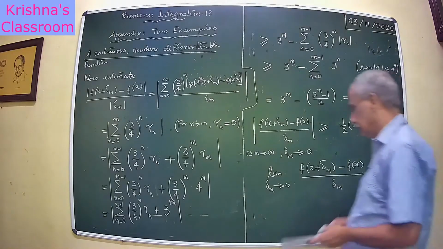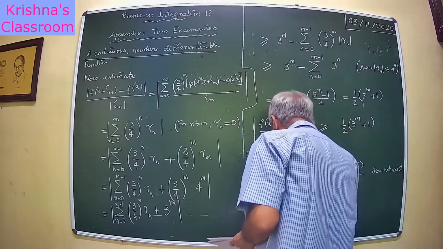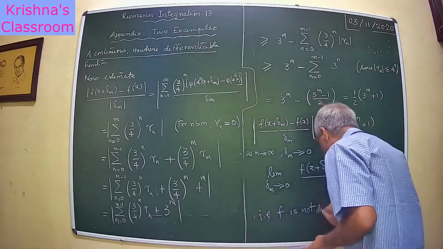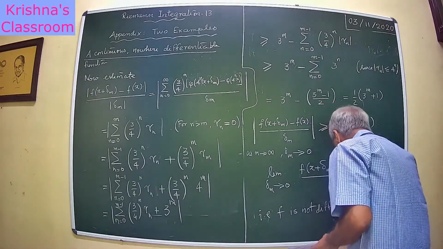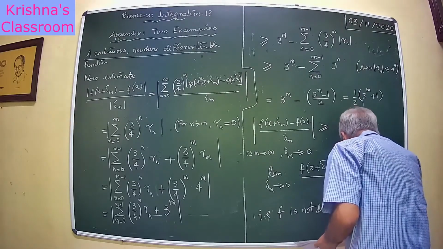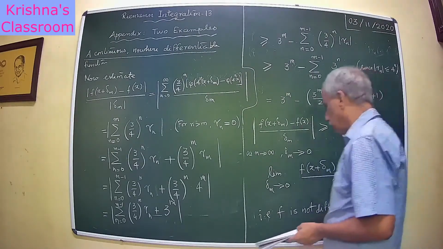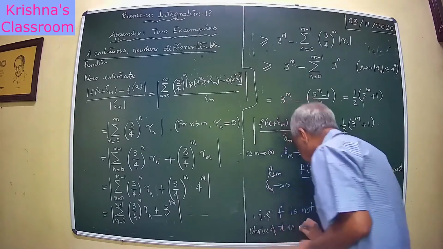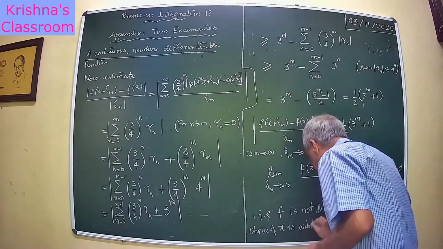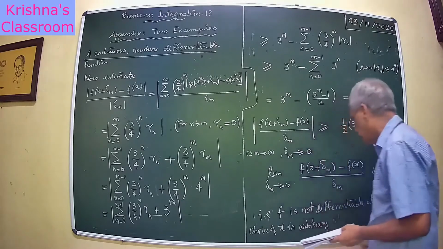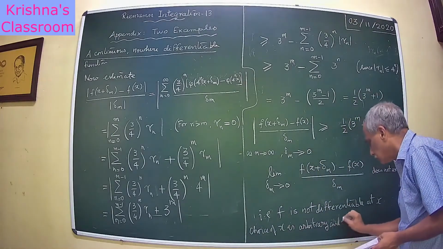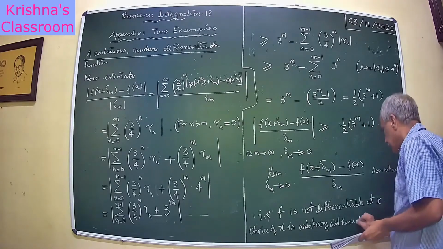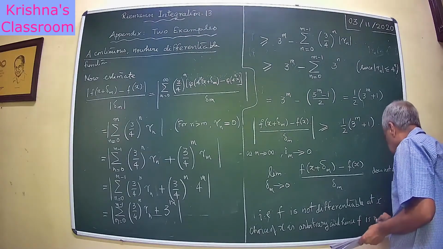Okay, that is, f is not differentiable. The choice of x is arbitrary, and hence f is nowhere differentiable.